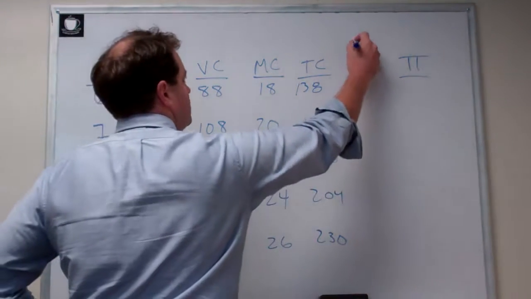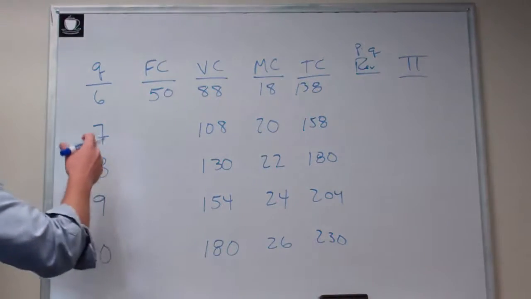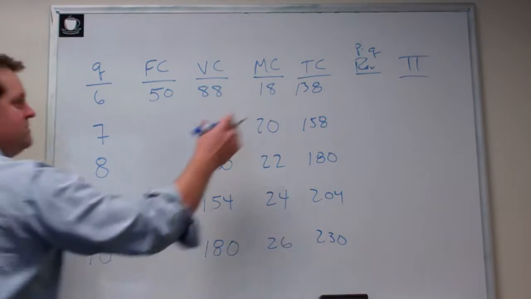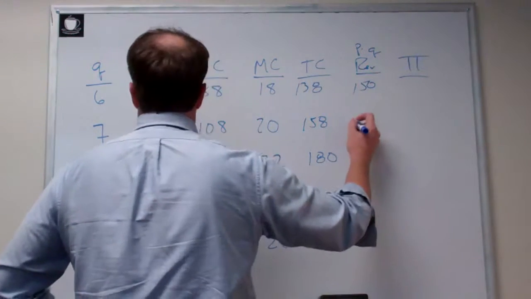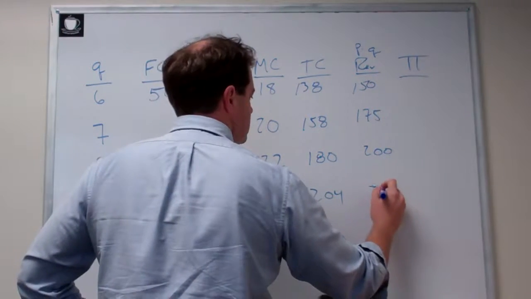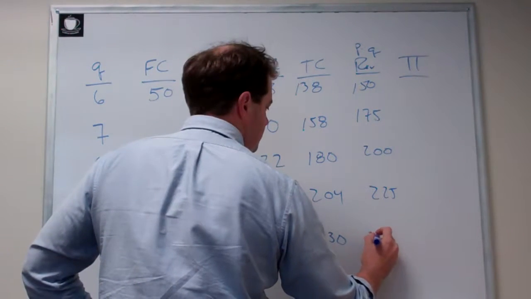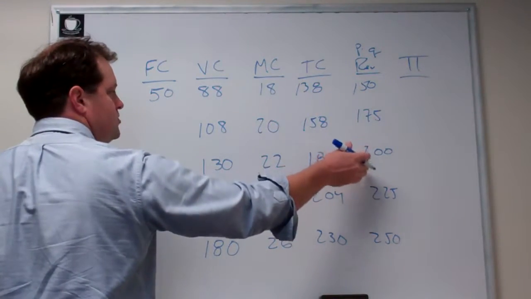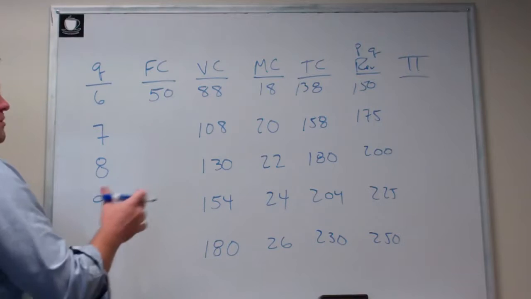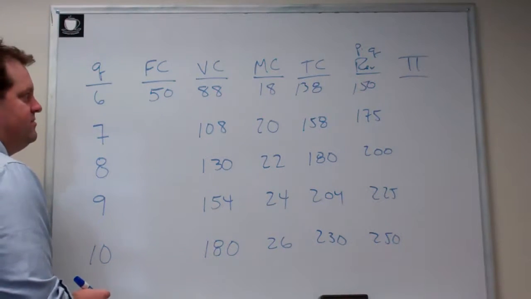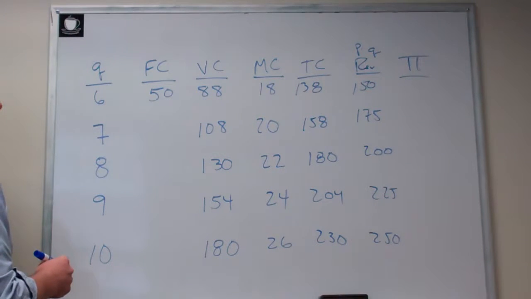Revenue is price times quantity, so I'm going to multiply the price of 25 by each of these different outputs to get revenue. Notice every time this firm chooses to produce another good, revenue is changing by 25. The marginal revenue is 25 given the price structure in the market.